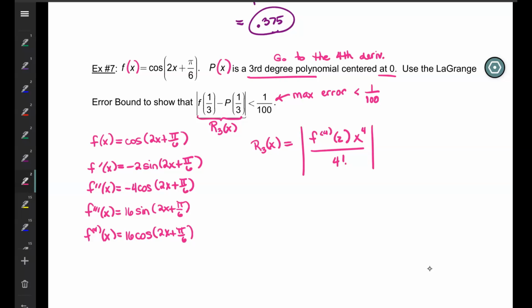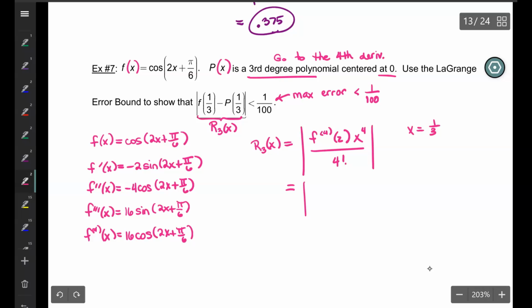It's 1/3, so x is equal to 1/3. And since I'm working with cosine, I have 16 cosine of 2z plus pi over 6, times 1/3 to the fourth power, all over 4 factorial.